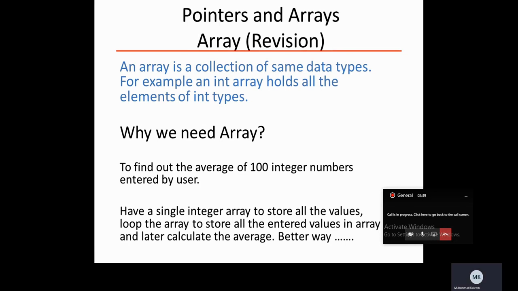It is much better if we have a single integer array to store all the values, loop the array to store all the entered values in the array, and later on calculate the average. So this is a much better and more elegant way of handling a large number of variables having the same data type.